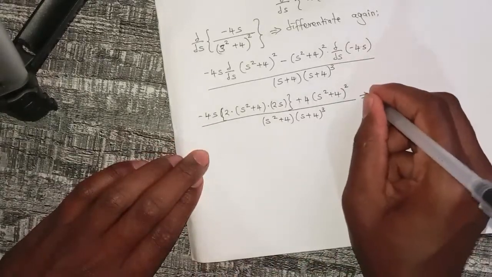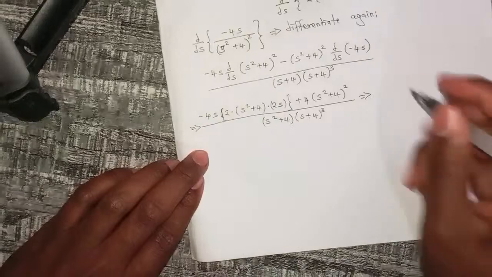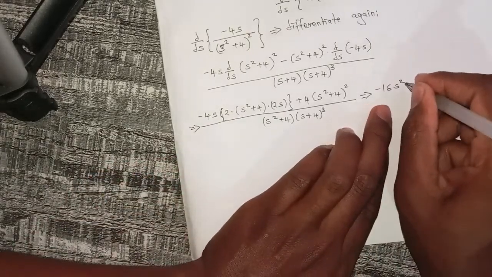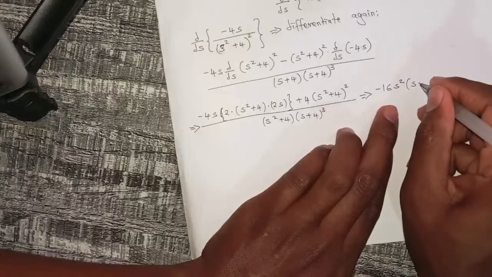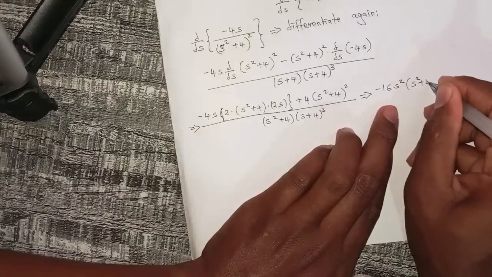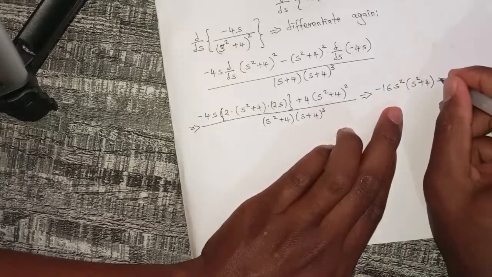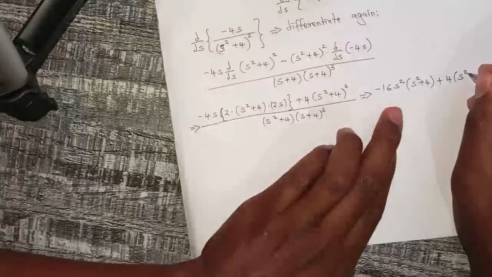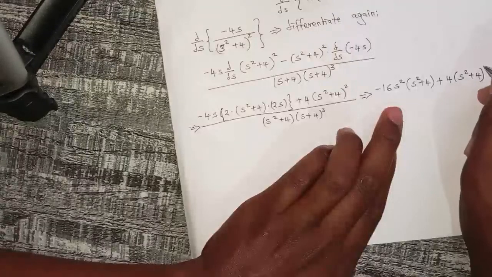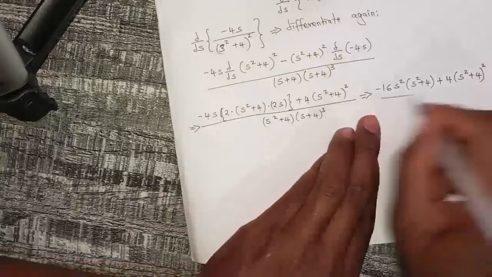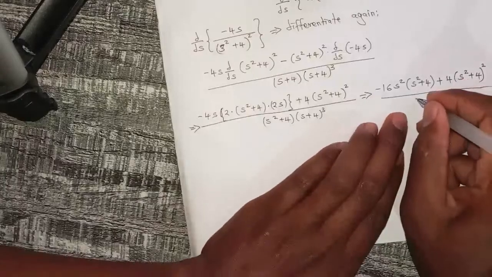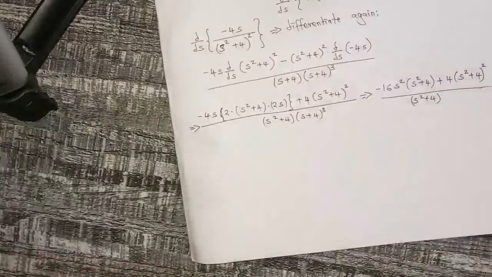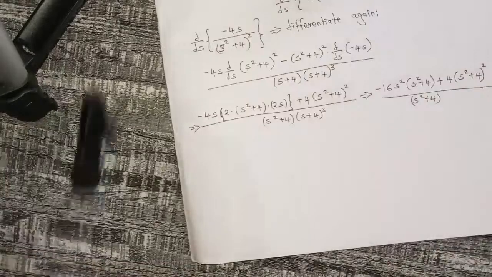So this will simply become minus 16s squared into s squared plus 4 plus 4 into s squared plus 4, everything squared. You divide by s squared plus 4, divided by s squared plus 4.